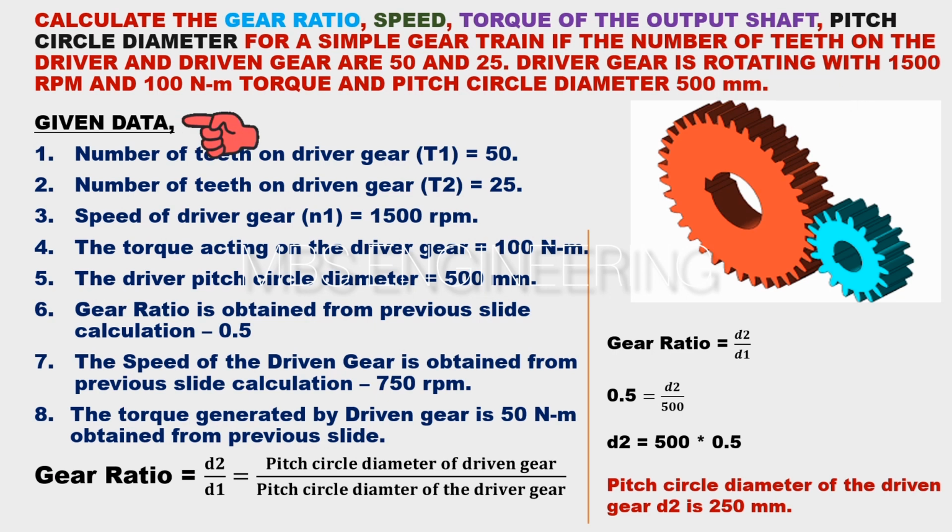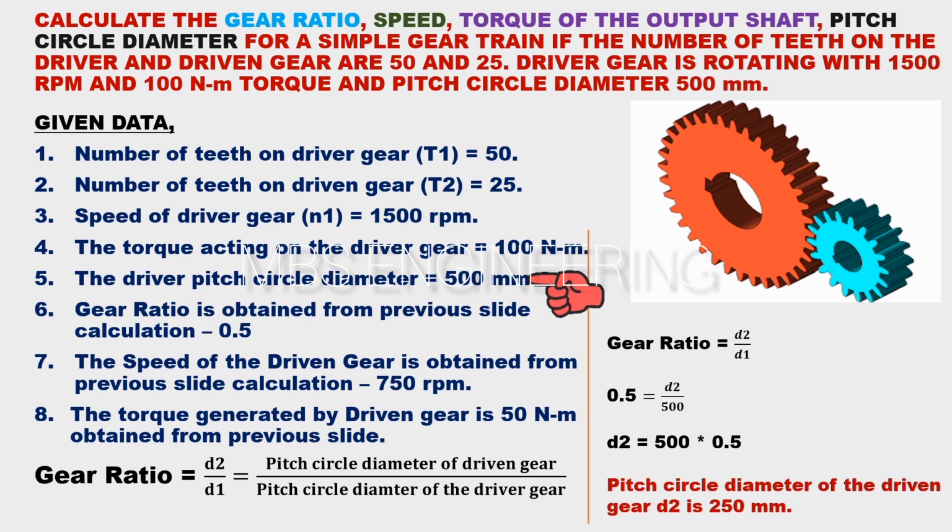Given data. First data, number of teeth on driver gear, T1, 50. Next data, number of teeth on driven gear, T2, 25. Next data, speed of driver gear, N1, 1500 revolutions per minute. Next data, the torque acting on the driver gear 100 Newton meter.